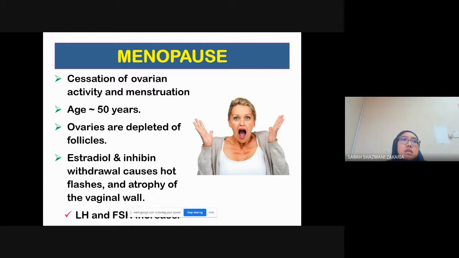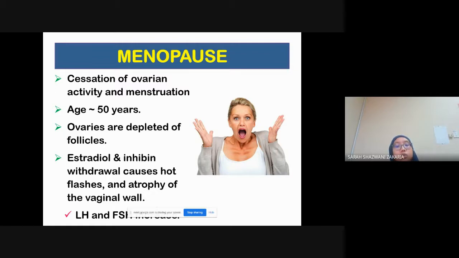What happened is the number of follicles is decreasing and then finish. Due to low number of follicles, or eventually zero follicles, so no more ovarian activity. The ovarian activity is actually the follicles development.